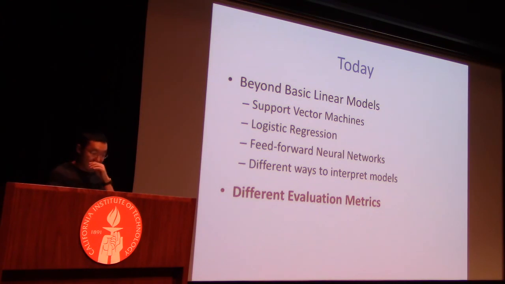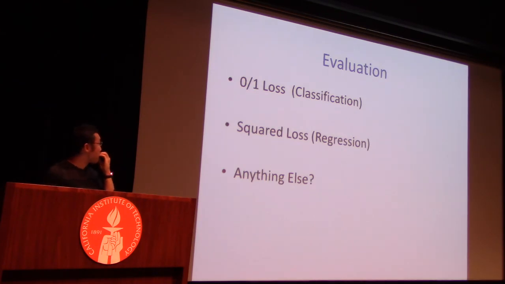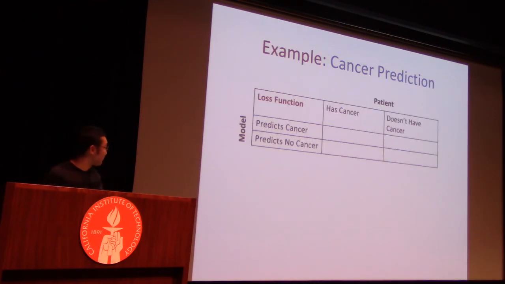Okay, so for the final, I guess, 10 minutes or so, I'm going to talk about different forms of evaluation metrics. So, you can evaluate for classification. You can say 0-1 loss, or you get it right or you get it wrong. For regression, you can say squared loss. How far am I from the correct prediction? There are, of course, other ways to do an evaluation as well. So here's an example, right?